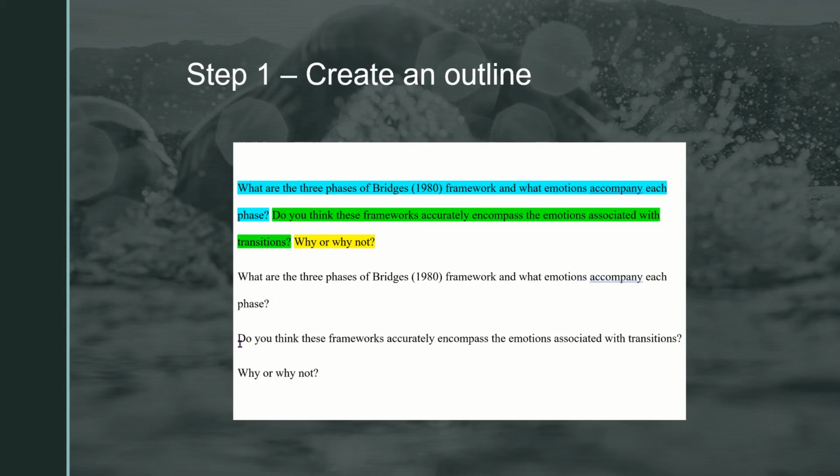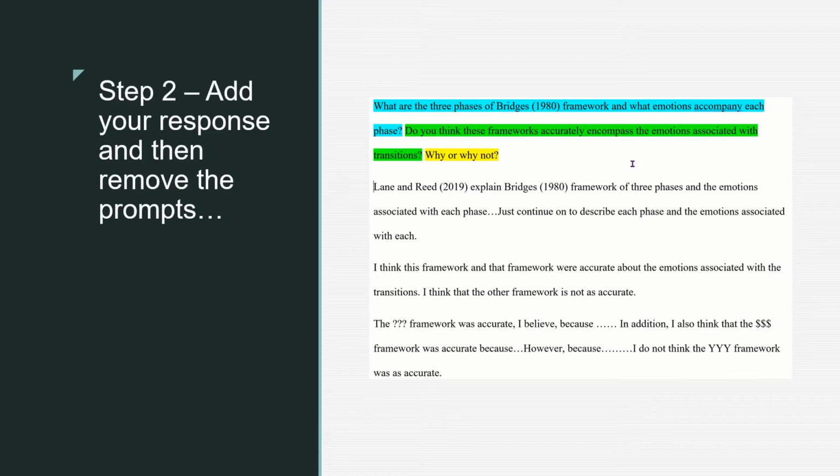Then you're going to go below this sentence and talk about the frameworks and the emotions associated with those transitions. And then you go below this final one and discuss why you think that or why you think they don't. There you have your content. You know you've not missed anything. This is going to greatly increase your scores.